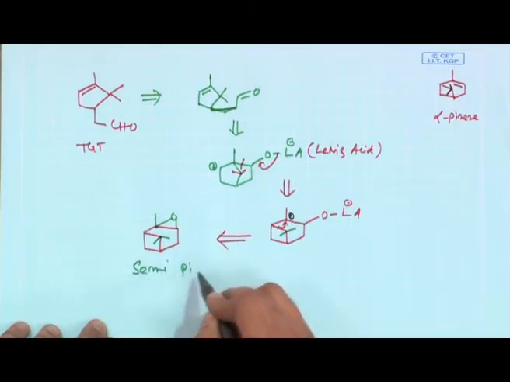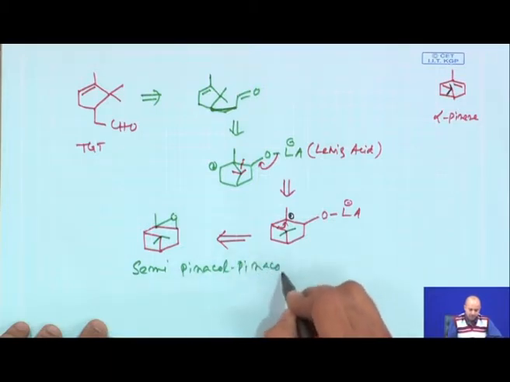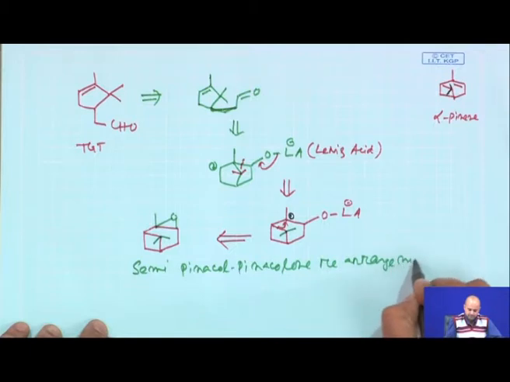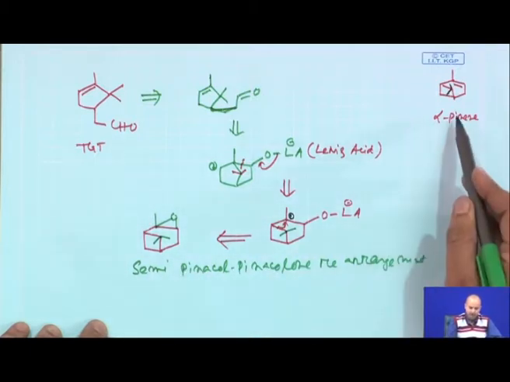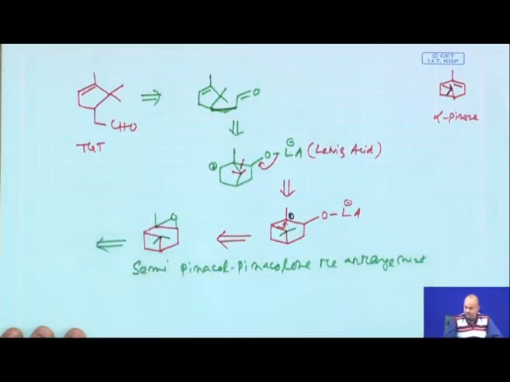So, in principle it is basically a semi-pinacol pinacolone rearrangement or a Meinwald type of rearrangement. Now, this epoxide you can easily construct from this alpha pinene through an MCPBA based FGA.